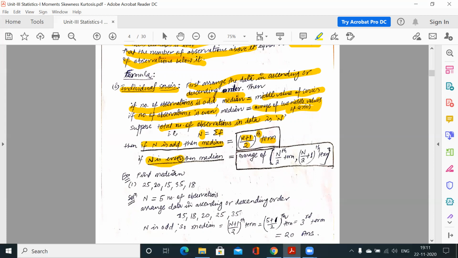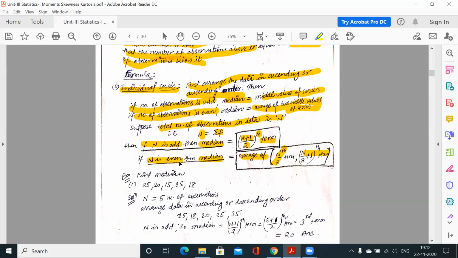And if n is even, suppose we have 10 points in the data. In that case we have two middle values. So how to calculate? Suppose we have 10 numbers in the data. So the fifth term and fifth plus 1, that is the sixth term in the data series. We have to calculate the average of these two values.